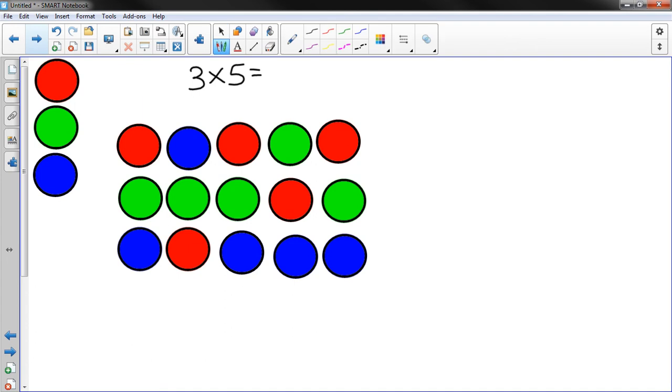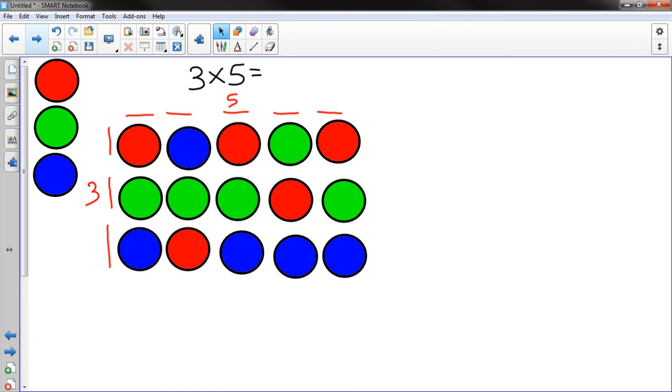So I have 3 over here, and I have 5 columns, 3 rows and 5 columns. So what's inside this whole thing? There's 1, 2, 3, 4, 5, 6.